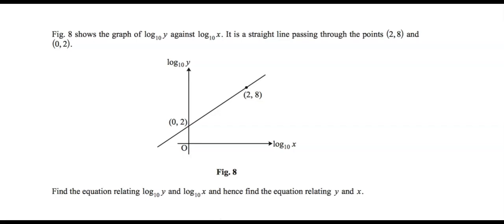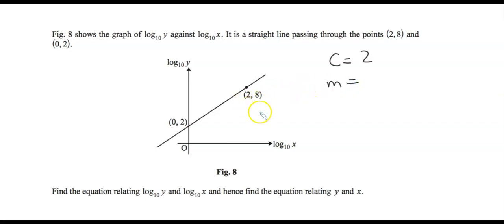So the first thing we can do here is we can actually work out the equation of this straight line using just familiar y equals mx plus c theory. So first of all, we know that the c value of this equation has to be 2 because it cuts through the y-axis at 2. And now we need to work out the gradient of this line.